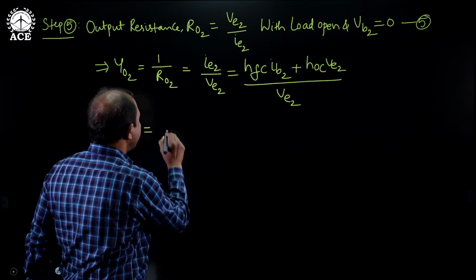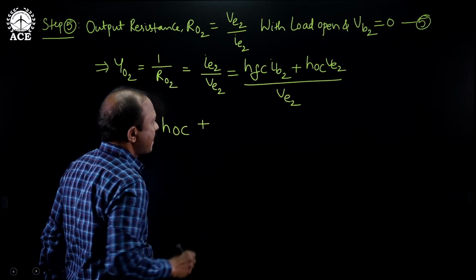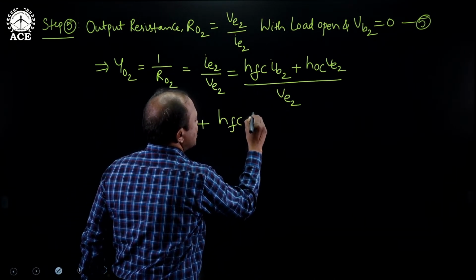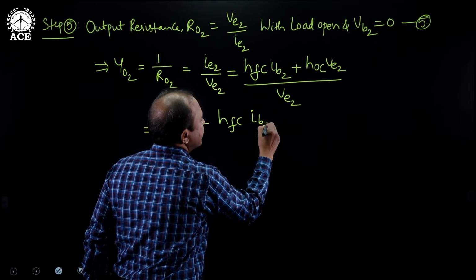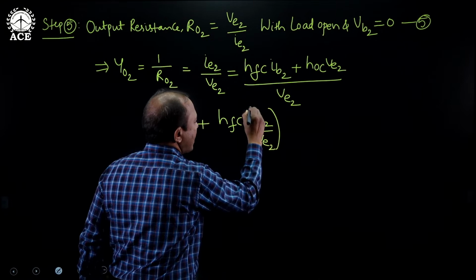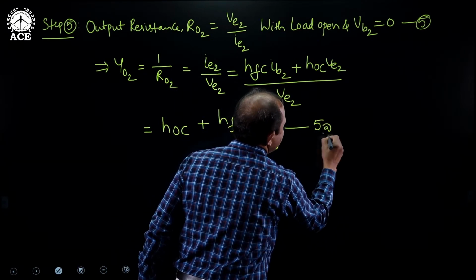I will write second term first, HOC plus HFC into IB2 by VE2. Let it be. I will come back to this equation at a later stage.